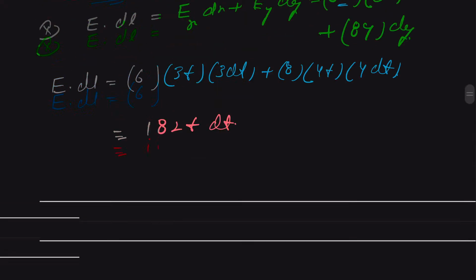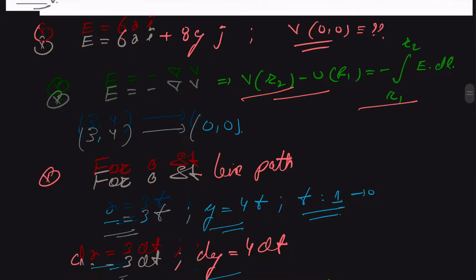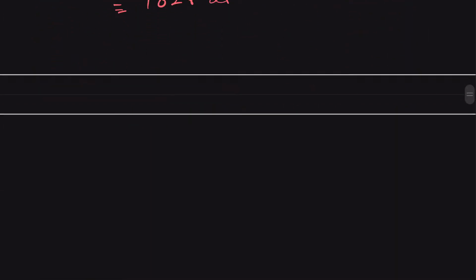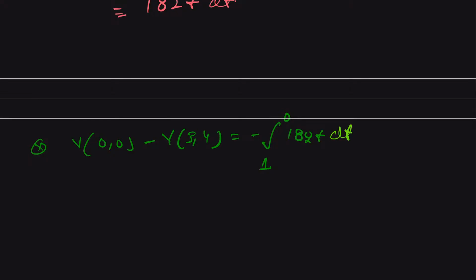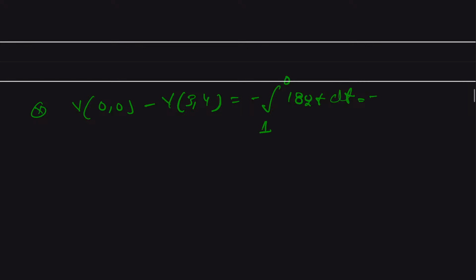Now we can just integrate it. So we get for our V at origin minus V at 3, 4 will be equal to minus integral from 1 to 0 of 182t dt, and this will be coming as 182 divided by 2 times t square, giving us 91, minus of 91, so this will be our plus of 91.